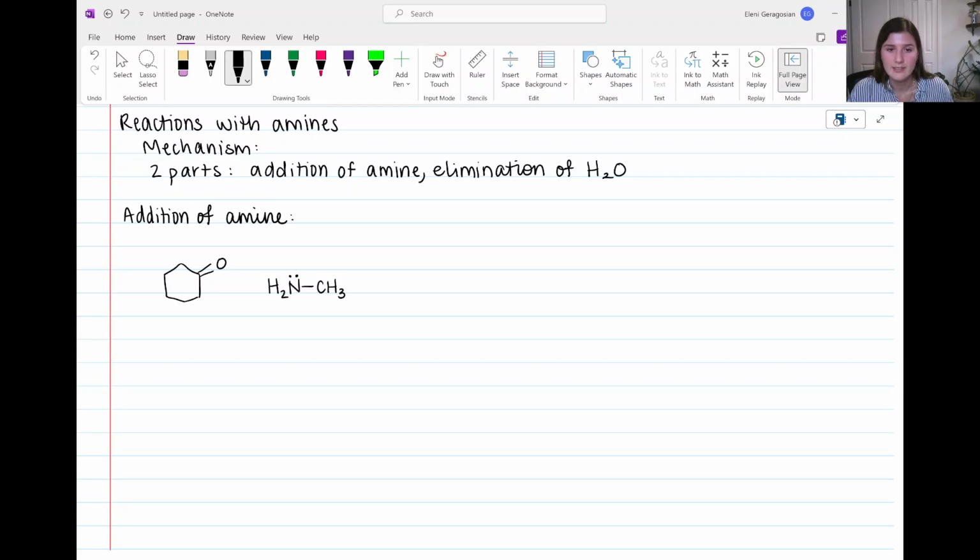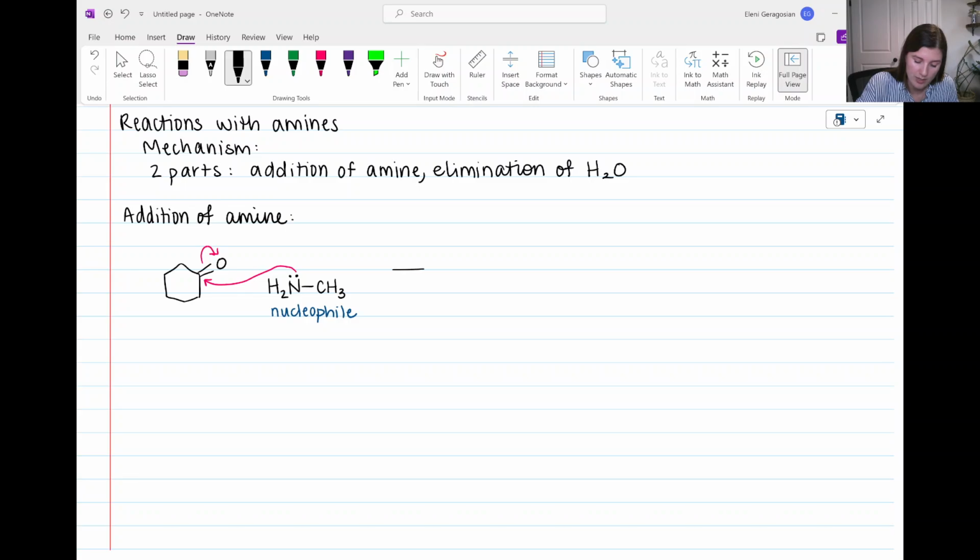So although it has non-bonding electrons and it's not very electronegative, it will react as a nucleophile. So with a nucleophile present, the nitrogen will create a bond to our carbonyl carbon. The electrons will be owned by oxygen then. So an amine is a strong enough nucleophile to add to that carbonyl carbon.